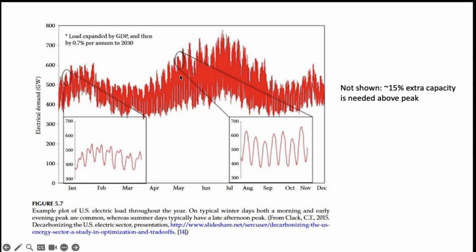And then as summer comes up, and certainly in Texas, we need more and more because of air conditioning, more in the south than in the north. And then we go back into fall, which is pleasant again. So this is the electricity demand. And then in addition, the utilities want to have an extra 15% on whatever this peak is expected to be, for contingency situations.